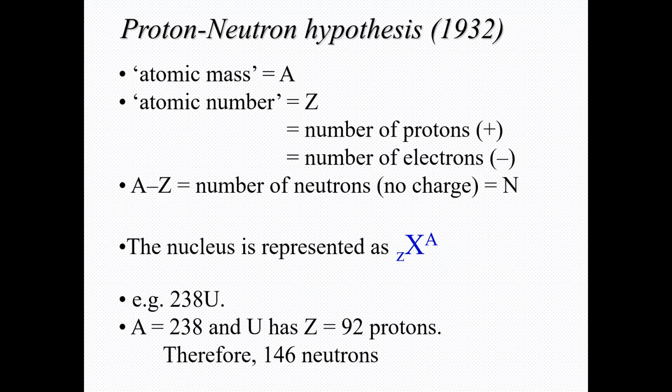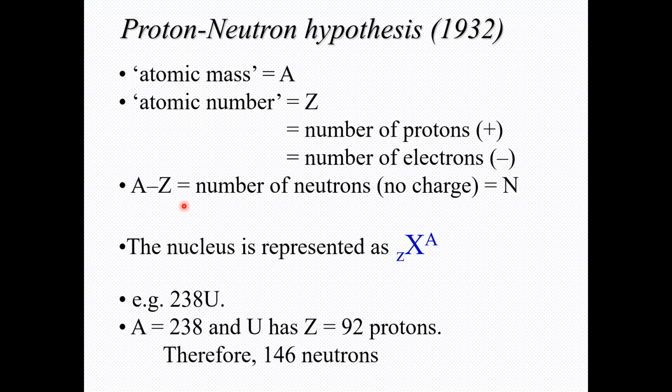The combined mass of protons plus neutrons is called the atomic mass of that particular atom or element, and we represent it by A. Similarly, the atomic number, which we represent by capital Z, is equal to the number of protons in the nucleus, and also to the number of electrons in the outermost shells of an atom.